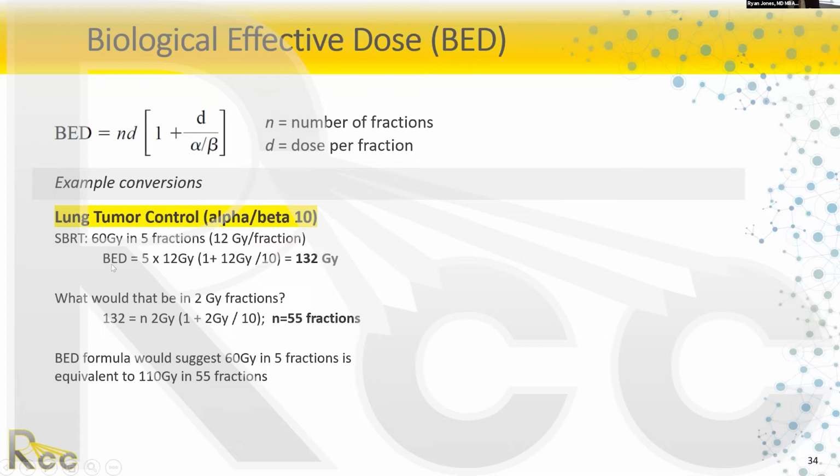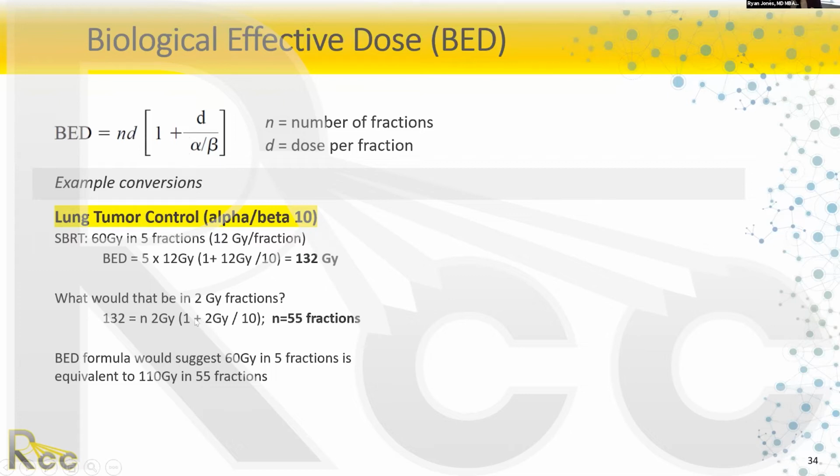If we estimate our biological effective dose, plug in the formula, we reach 132 gray. What would that be in 2 gray fractions? You rework, and there's something you'll see later called an equivalent dose formula, which is just them solving for N using 2 gray as the dose per fraction.